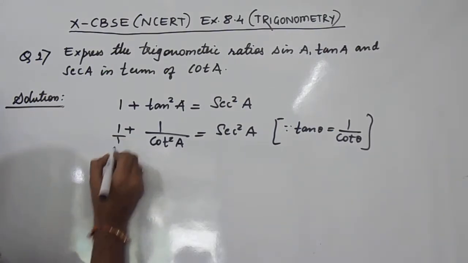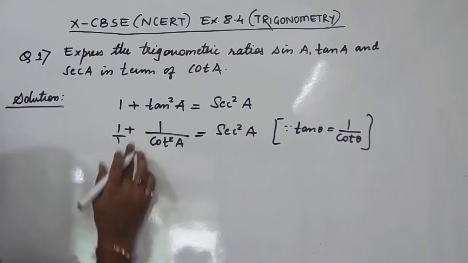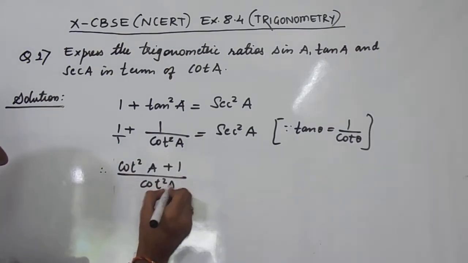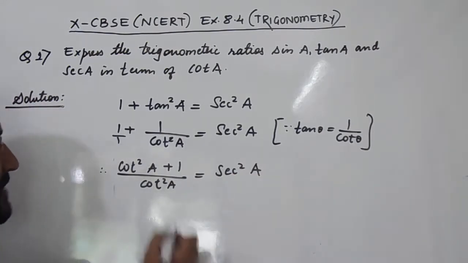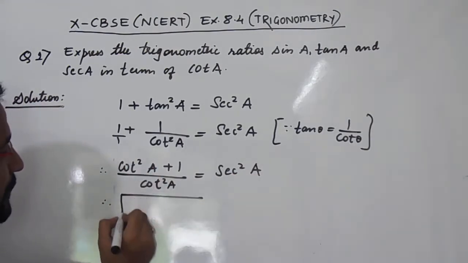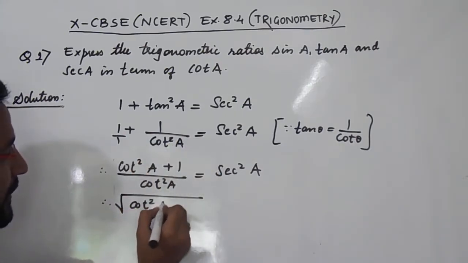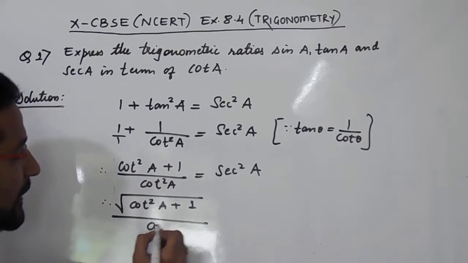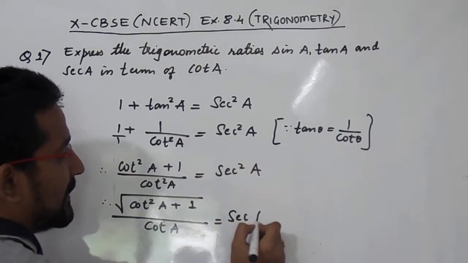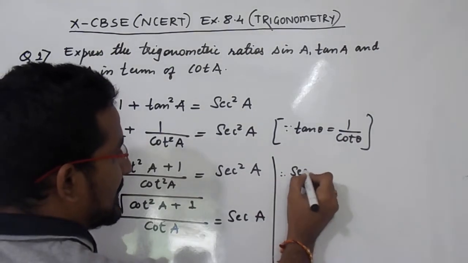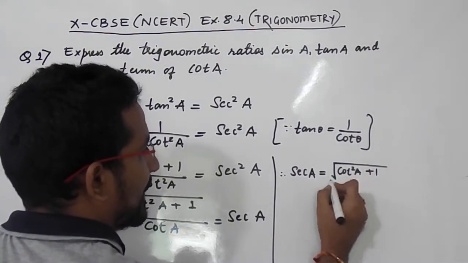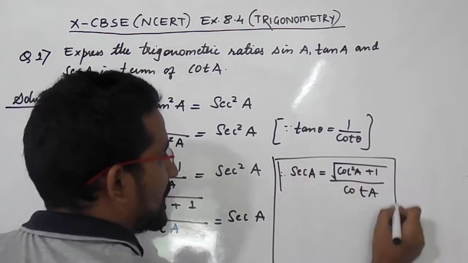So cot square A plus 1 divided by cot square A is equal to sec square A. Now if we take the square root on both sides, what we'll get is the square root of cot square A plus 1 in the numerator, because this is not a perfect square. The square root of cot square A is cot A, and the square root of sec square A is sec A. Therefore sec A is equal to root of cot square A plus 1 divided by cot A. So this is the relation between sec and cot.